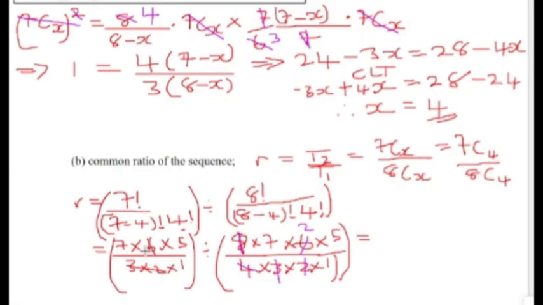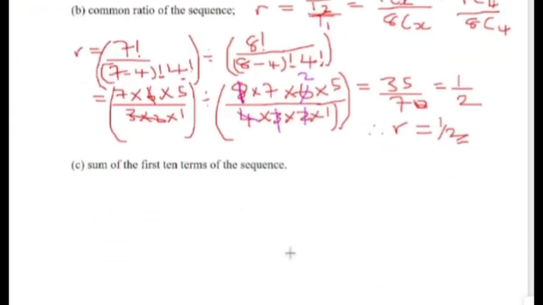So here I have 7 times 5, which is 35, divided by 7 times 2, which is 14. 14 times 5 gives us 70. So we have 70 here, which is 1/2. So we see that the common ratio of the sequence is half.